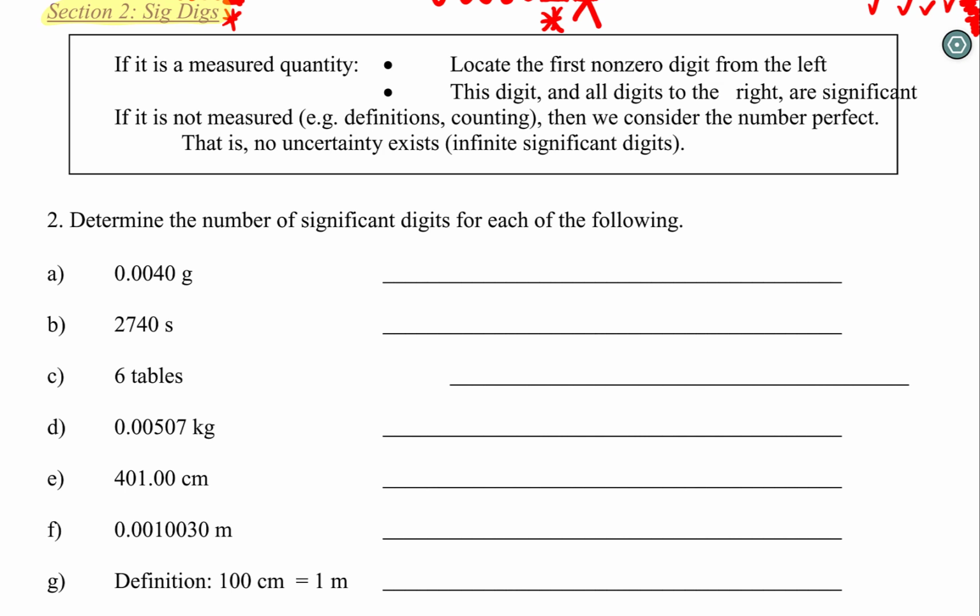So the first thing I want to talk about is actually definitions or actual counting. If I have a loonie, which is $1, I would never say it's 1.00000000000 on for infinity accurate, because it is a dollar. You can't get any more accurate than that value. It actually is $1.